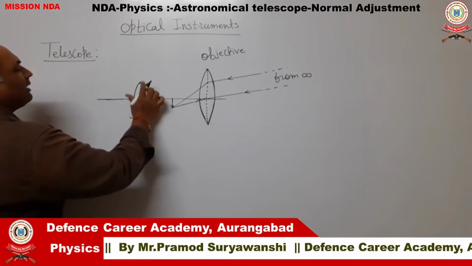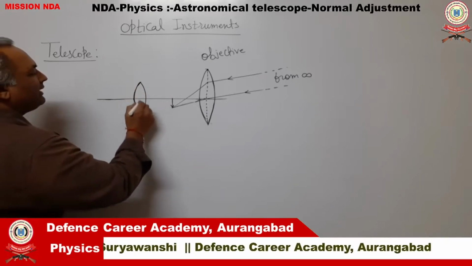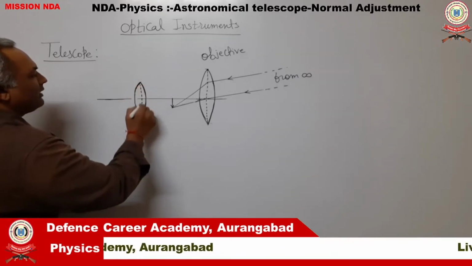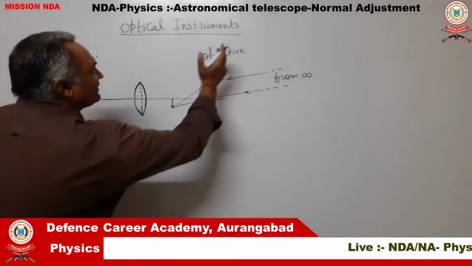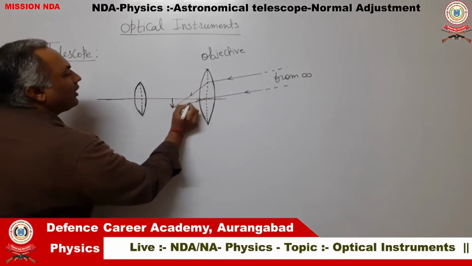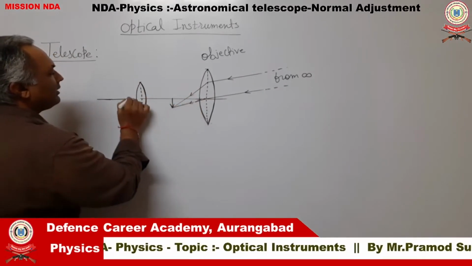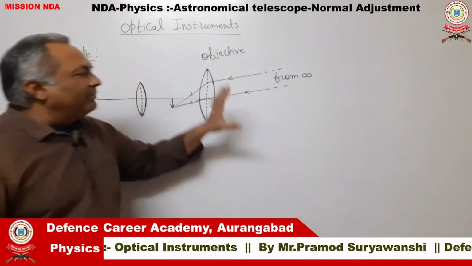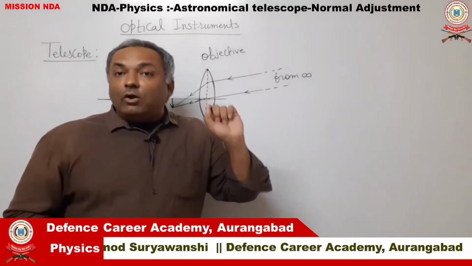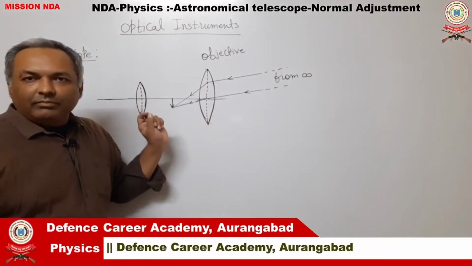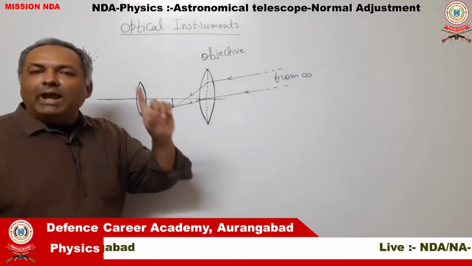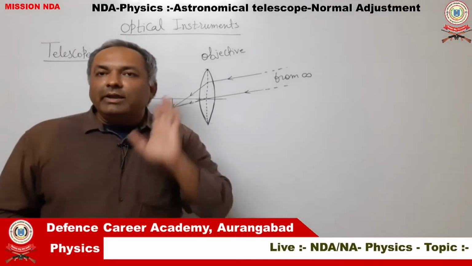Now, the first important point about such a setup where multiple lenses are used and multiple images are formed: the image formed by the first lens, that is the objective, will serve as an object for the second lens, that is the eyepiece, only and only if it is a real image.